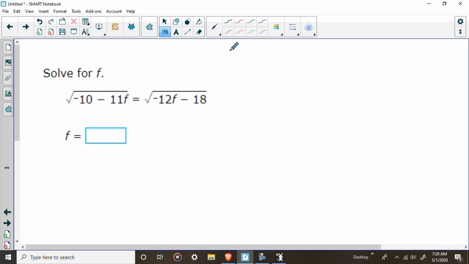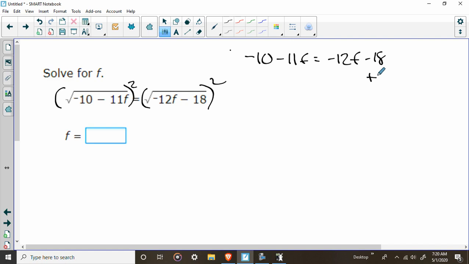All right, and again, last one, solve for f. Let's just go ahead, I'll write it over here this time. We'll square it here. We'll square it here. We have negative 10 minus 11f is equal to negative 12f minus 18. Again, what do you want to move first?